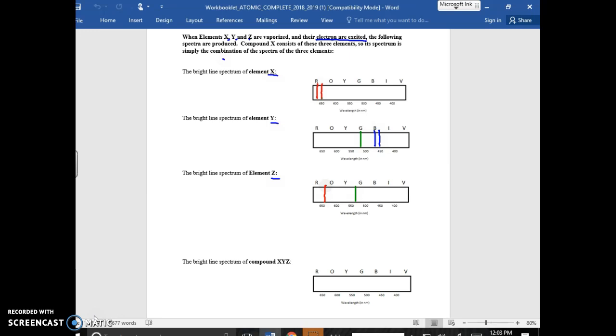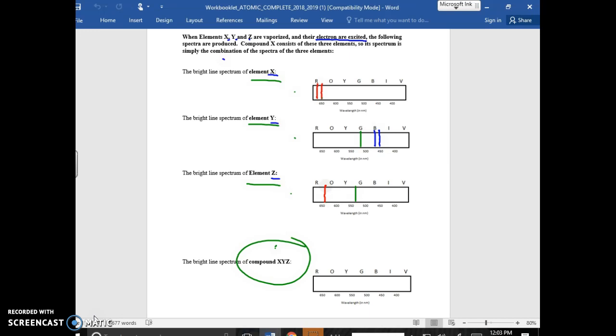Now, what's interesting is that if I had a compound consisting of these three elements, and I vaporize this compound and I analyze its luminous emanations, the kind of light it gave off, it would produce a pattern that is the sum of the spectral patterns of its three constituent elements.